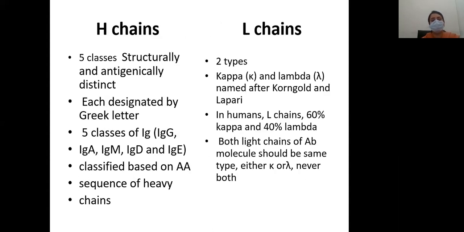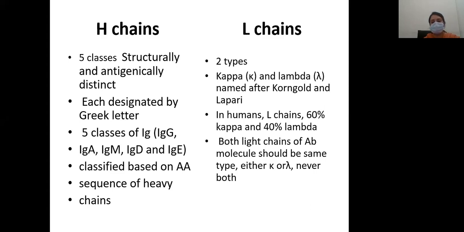So we will see the difference between H chains and L chains. In H chains, there are 5 classes and they are structurally and antigenically distinct, while in L chains there are 2 types: kappa and lambda. Each is designated by a Greek letter.